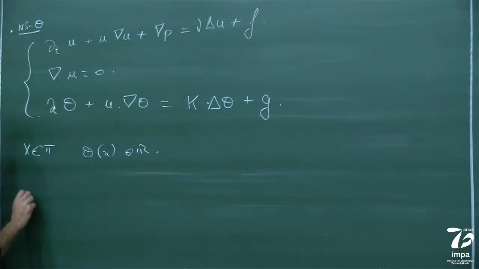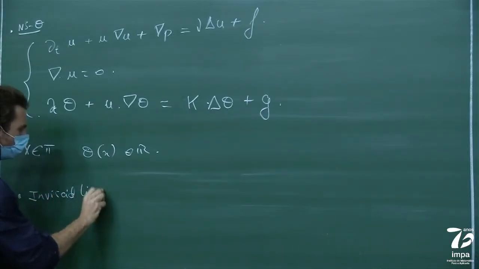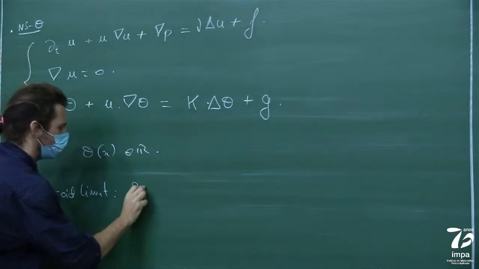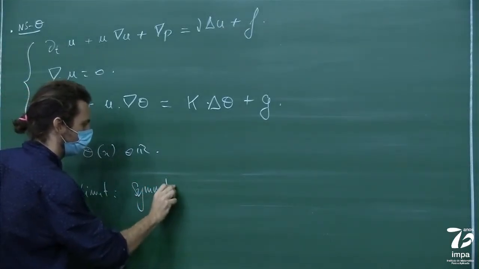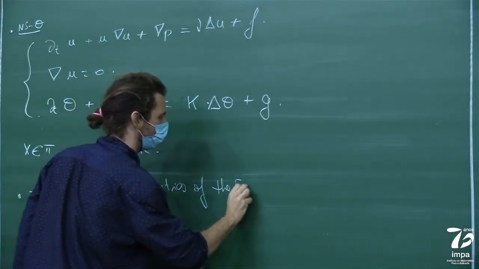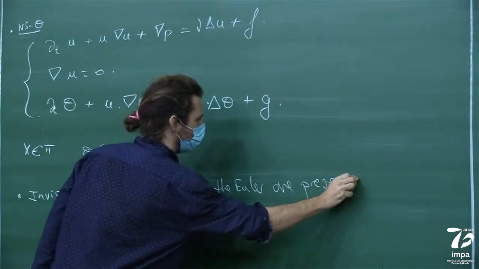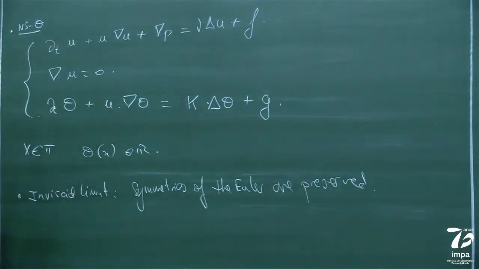So to summarize, in the inviscid limit, symmetries of the Euler are preserved. The only difference is an additional degree of freedom for the scaling symmetry.